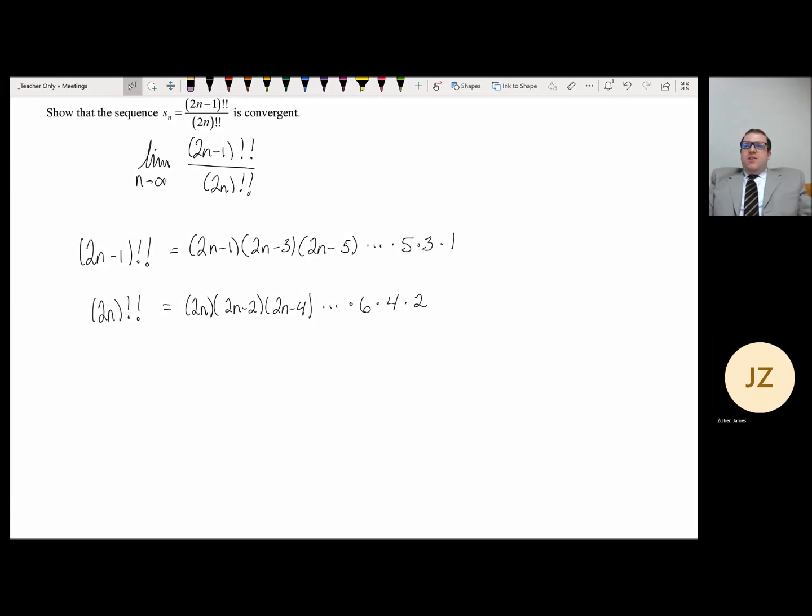Because there's a very useful result that says all monotone bounded sequences converge. If we can show that this sequence is monotone, either increasing or decreasing, and is bounded, then we're done. It converges automatically.